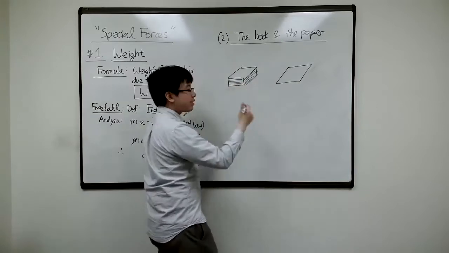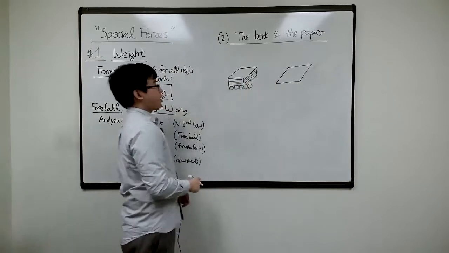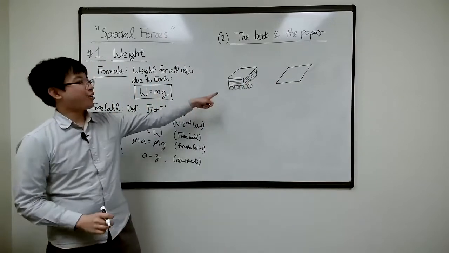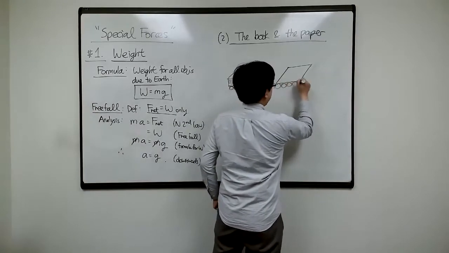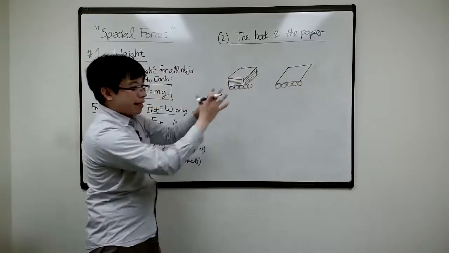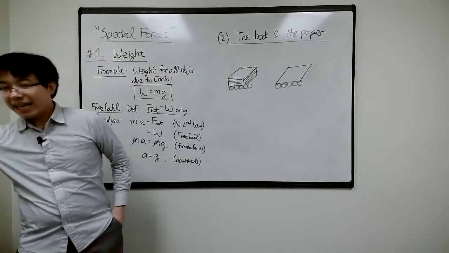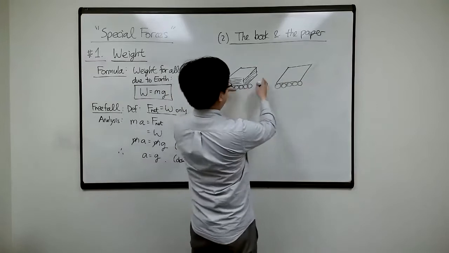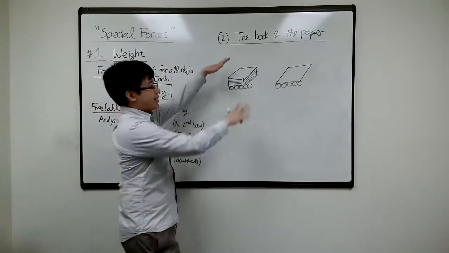I can't draw millions of air particles, so let me just draw, let's say, 5 little particles, and I'm going to zoom in and enlarge them a little bit so we can actually see them. Assuming they are the same size as a book, and yes, the same dimensions, they encounter the same number of air particles as they fall.